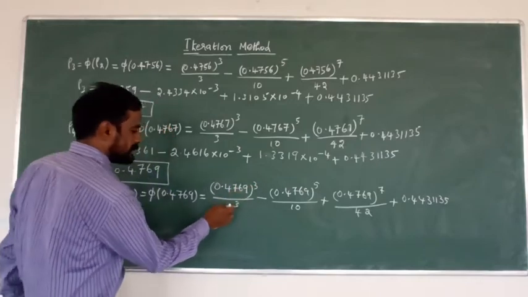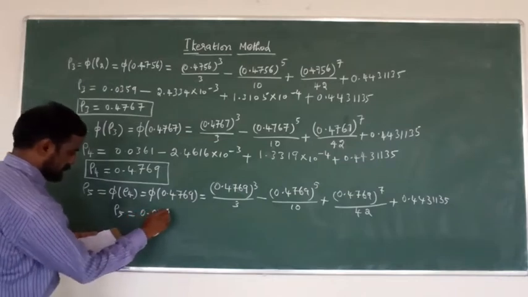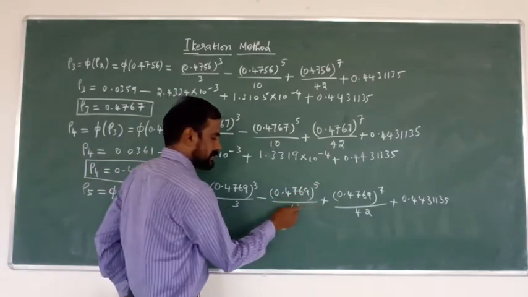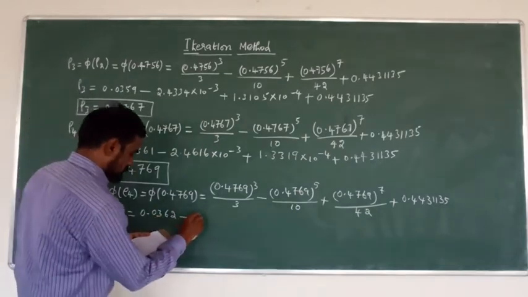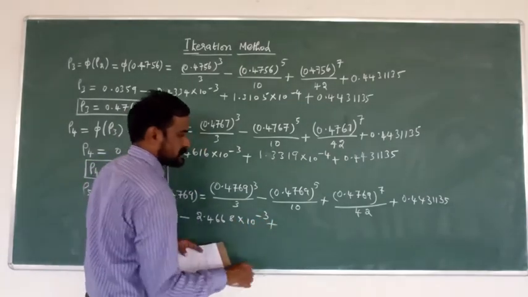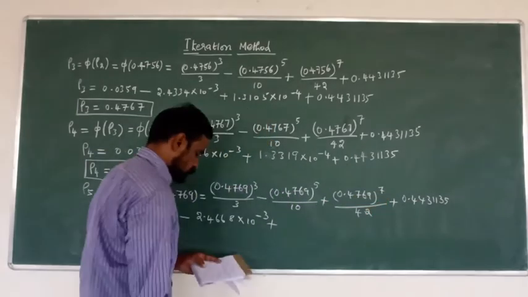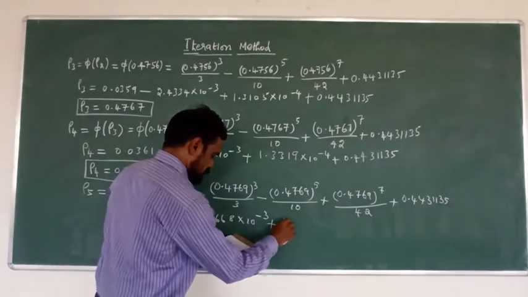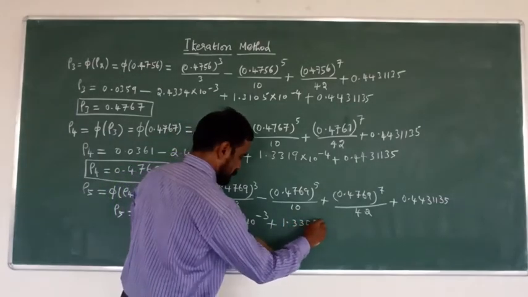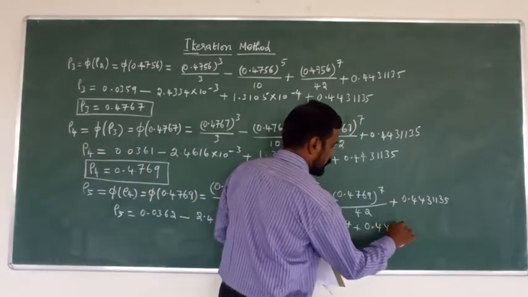Now to simplify, rho 5 equal 0.4769 cube, that result divided by 3, we can get the result 0.0362 minus 0.4769 power 5, that result divided by 10, we can get the result 2.4668 into 10 to the power of minus 3 plus 0.4769 power 7, that result divided by 42, we can get the result 1.3358 into 10 to the power of minus 4 plus 0.443135.